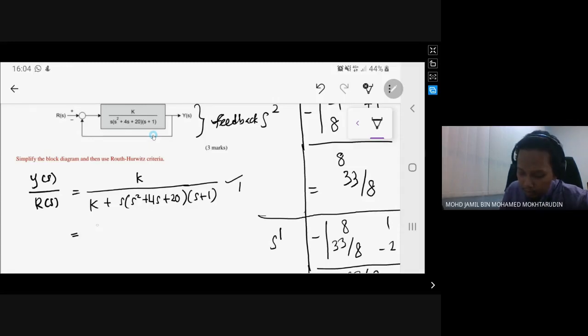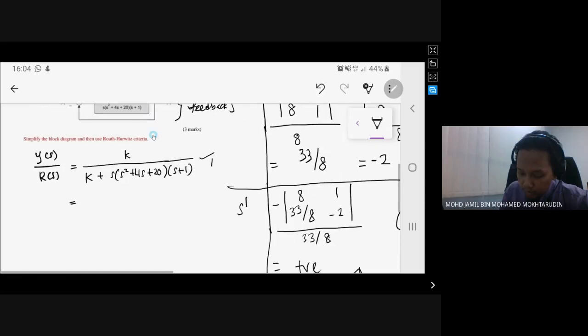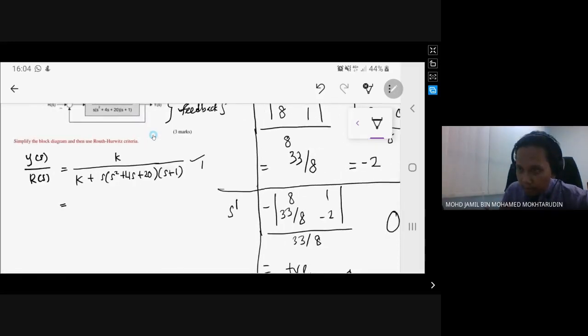Okay, and then you simplify the denominator to get the complete polynomial. Okay, so here you will get s to the power of 4 plus s squared, 4s squared, 4s. Okay, I hope this is correct.